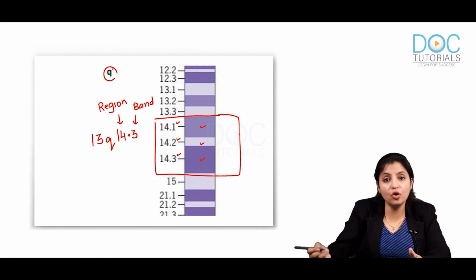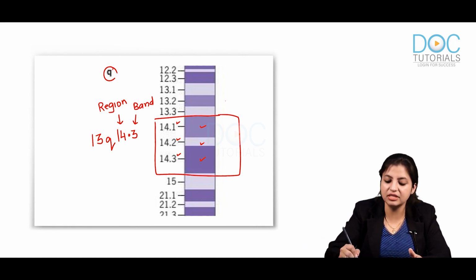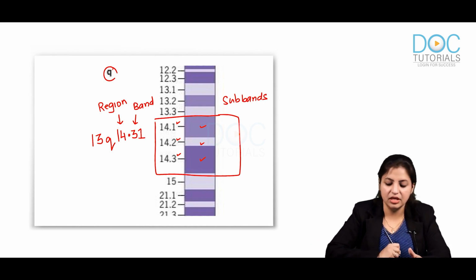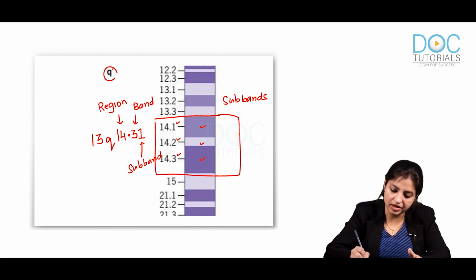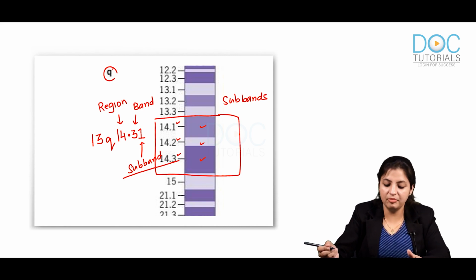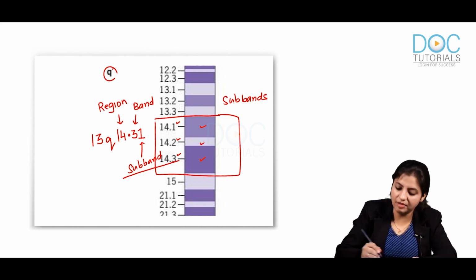If you want to go more refined, we can even make sub bands. If somebody has given you this, that means they have also written the sub band. So remember, how do you write an ideogram?